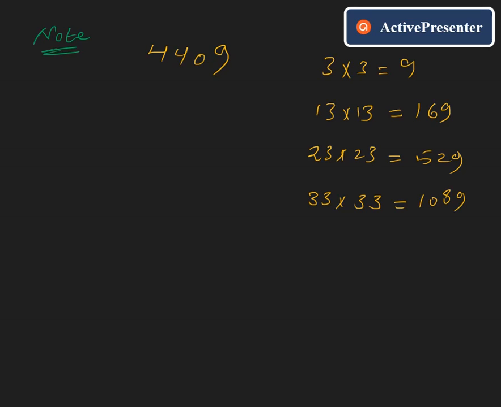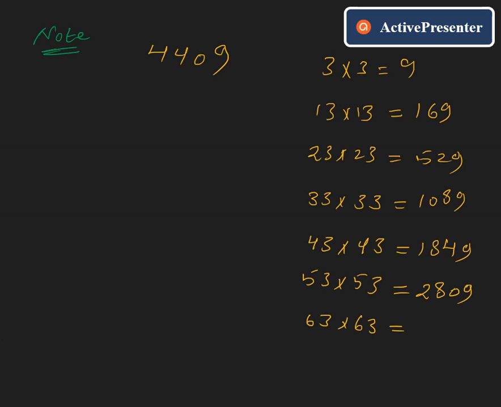And 43 multiplied in 43 is 1849. And 53 multiplied in 53 is 2809. And 63 multiplied in 63 is 3969.